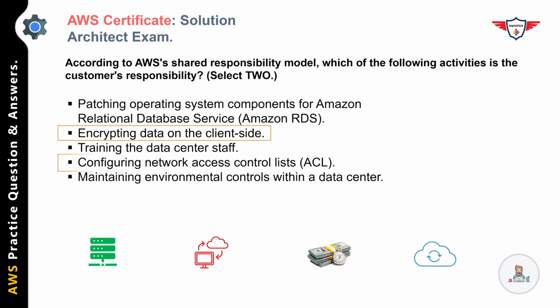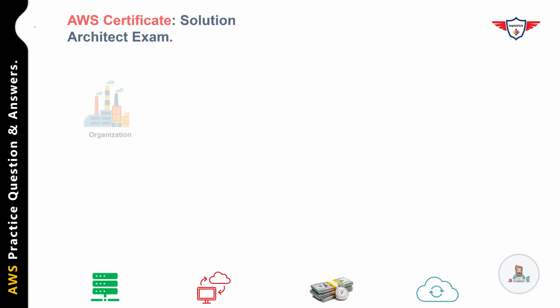The correct answer is options B and D. Customers are actually responsible for data management, including encryption options, asset classification, and the use of IAM tools to apply the appropriate permissions. And customers are also responsible for the configuration of AWS-provided security controls, including security groups and network ACLs.